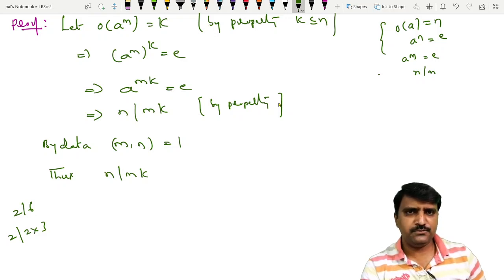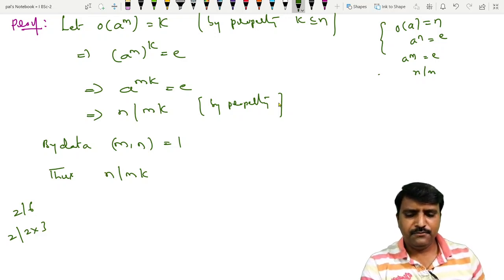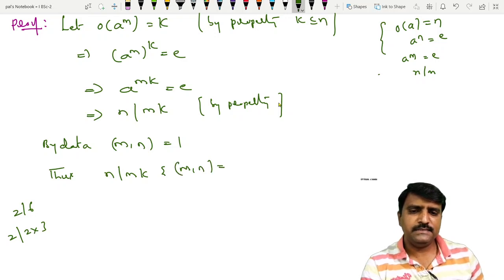So like that, n divides mk, and m and n are relatively prime, the GCD of m and n is 1, which implies that n does not divide m. 2 does not divide 3, so definitely 2 divides 2.